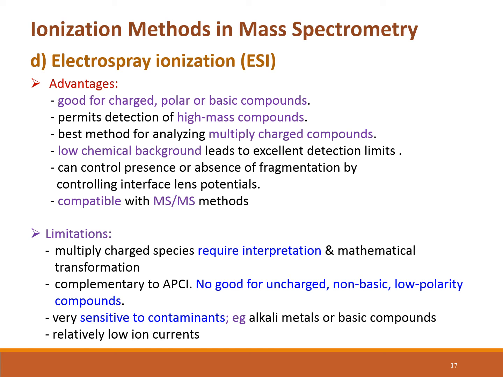It is compatible with MS-MS methods. Okay, the limitations: multiply charged species require interpretation and mathematical transformations. However, we have databases. It is complementary to APCI, not good for uncharged non-basic low polarity compounds, very sensitive to contaminants, for example alkali metals or basic compounds, and has relatively low ion currents.